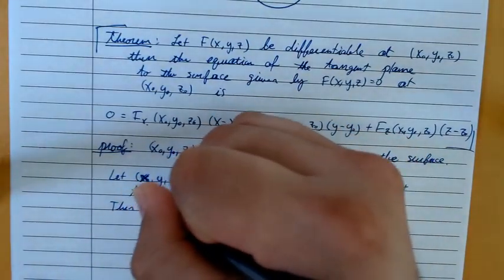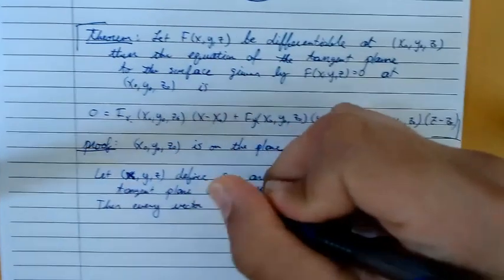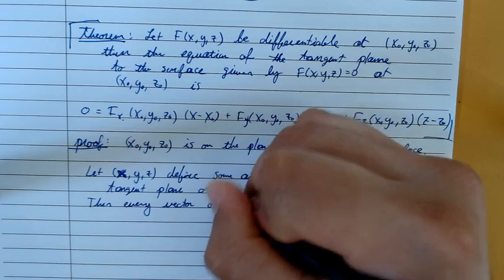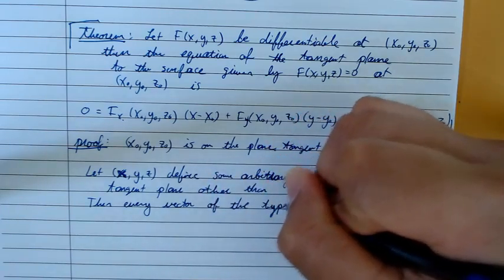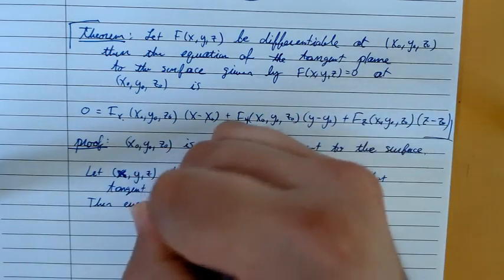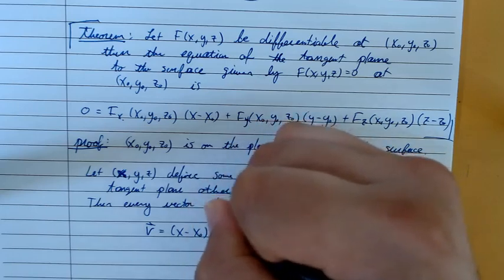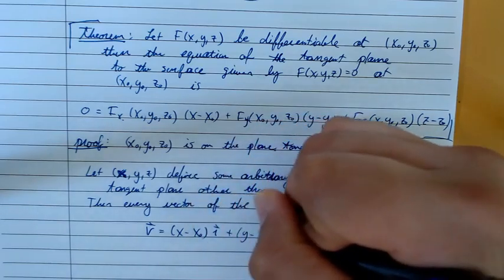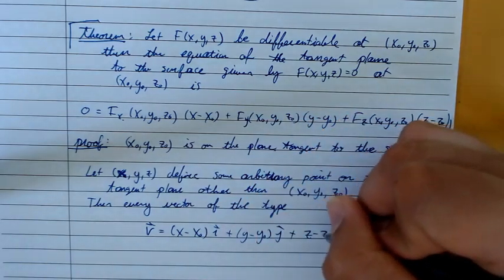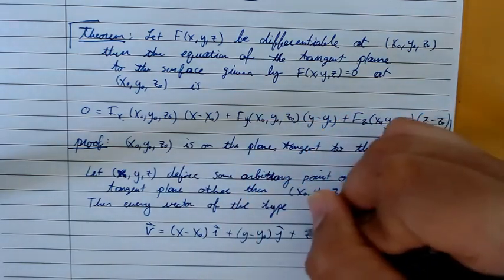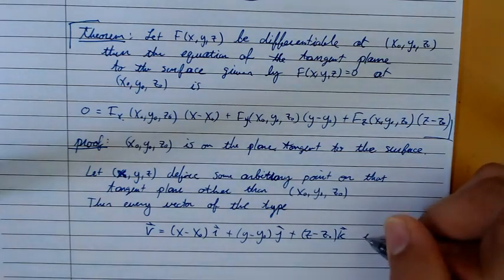So every vector of the type v equals x minus x naught i plus y minus y naught j plus z minus z naught k is on that tangent plane.